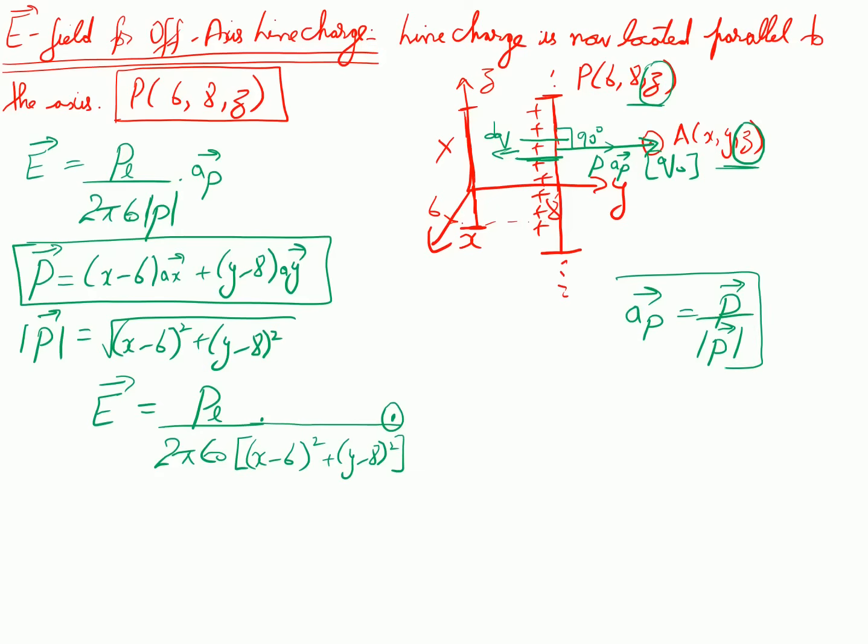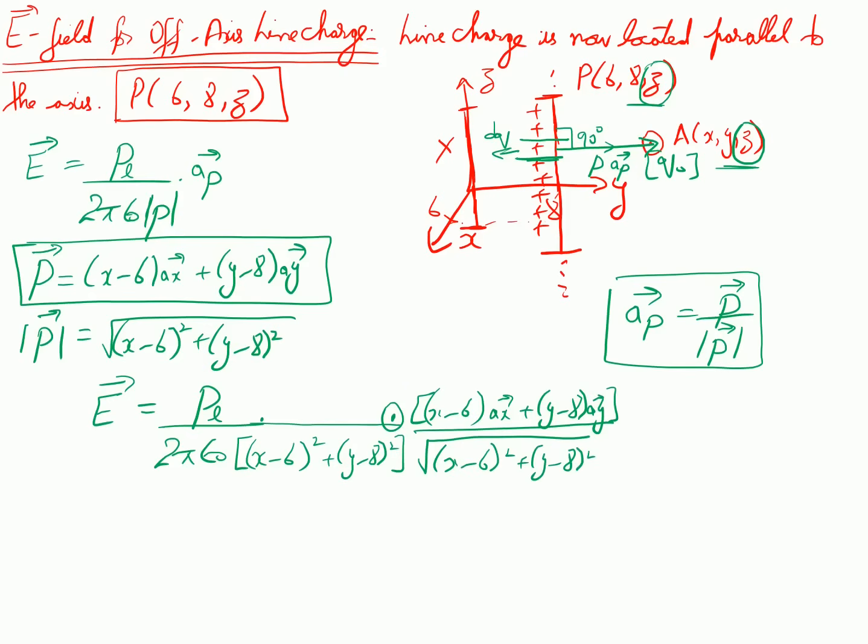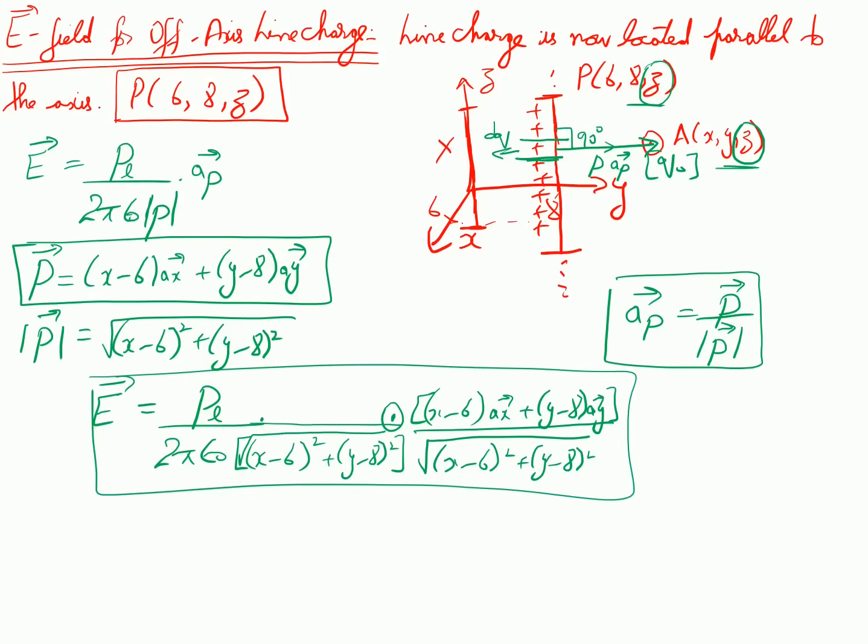So incorporate this over here, so it comes out to be (x − 6) a_x plus (y − 8) a_y divided by the same value, which is under root (x − 6)² + (y − 8)², and this is the same value as we have over here for the under root. If you want, you can further simplify this, so the denominator will just be left with one value.